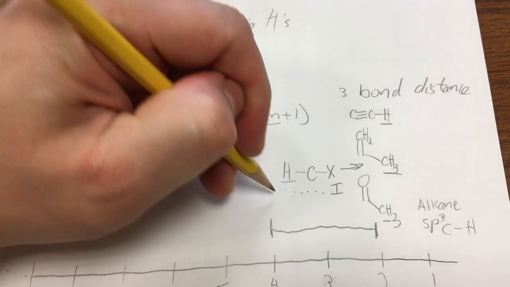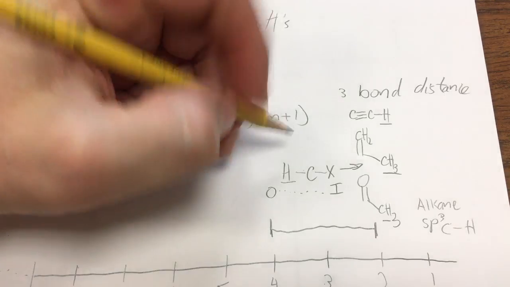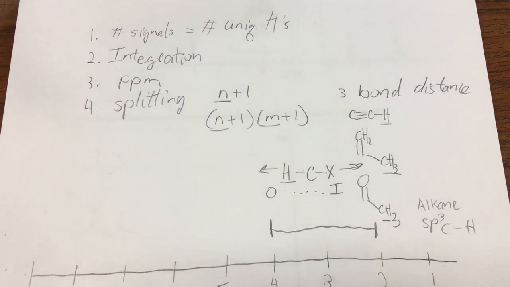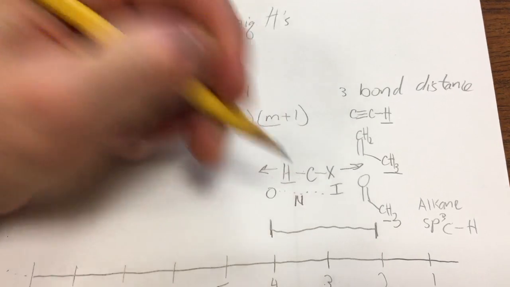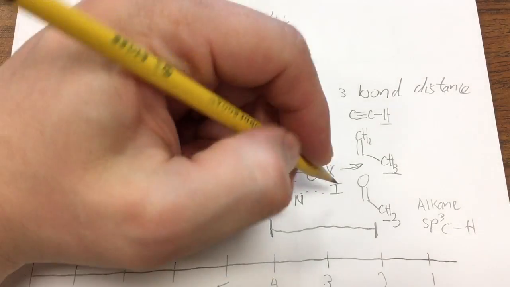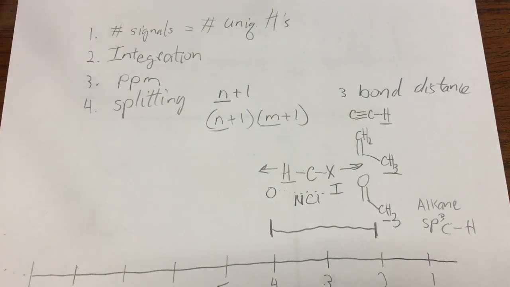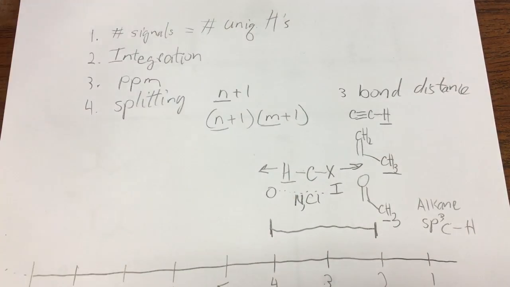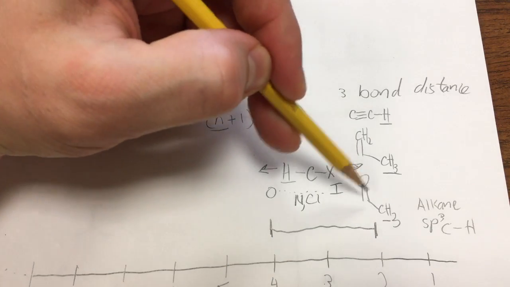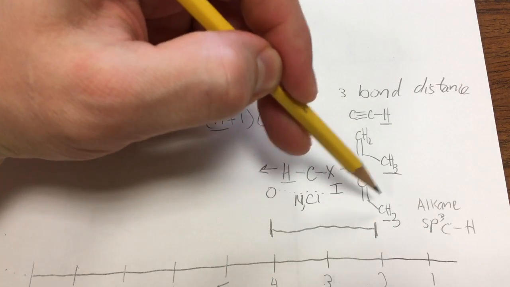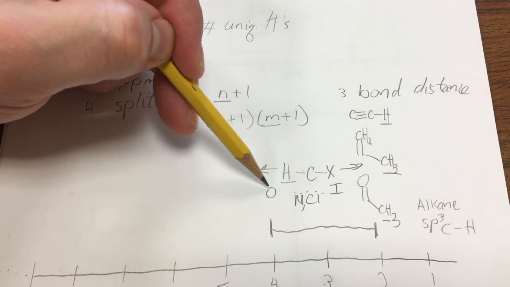Whereas over here, if we have an oxygen, it's going to be closer to 4 ppm. So there's a number of things that are attached to X. Nitrogen, being a little bit less electronegative, would be somewhere in the middle right here. We'd imagine a chlorine being somewhere over here as well. So basically you're looking at a periodic table and seeing where it is in the range. Less electronegative things are over here by 2, and more electronegative things are over here by 4.